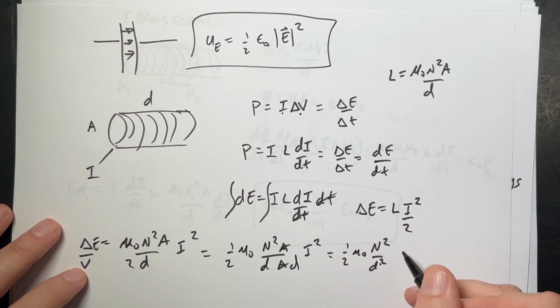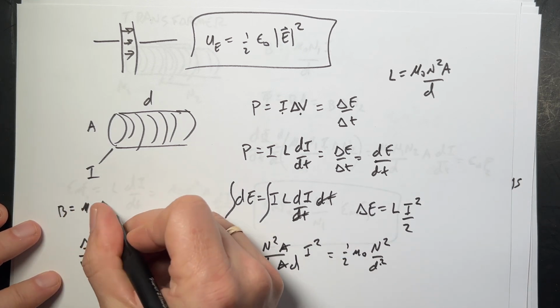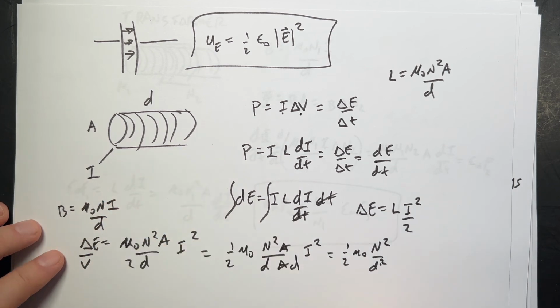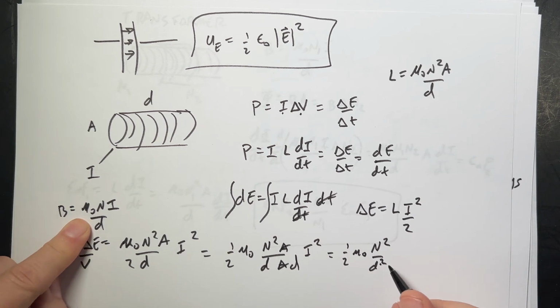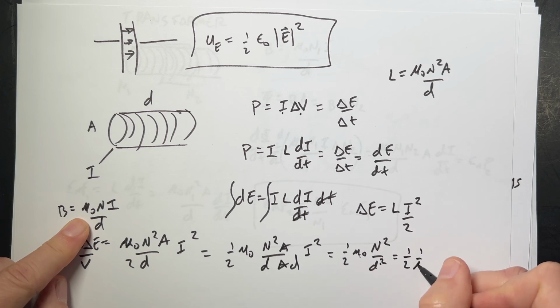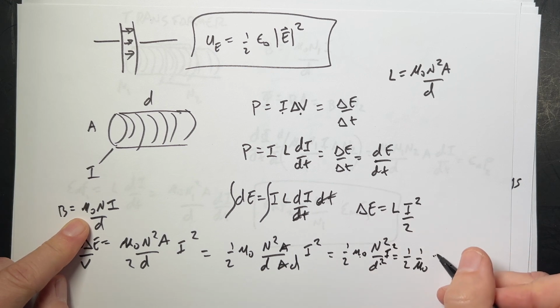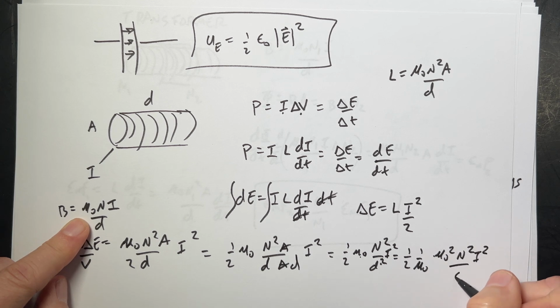Now let's find the magnetic field of a solenoid. Remember that B is mu naught n I over D. So over here, let's write this as 1/2 1 over mu naught, there's an I there, I squared, mu naught squared n squared I squared over D squared.